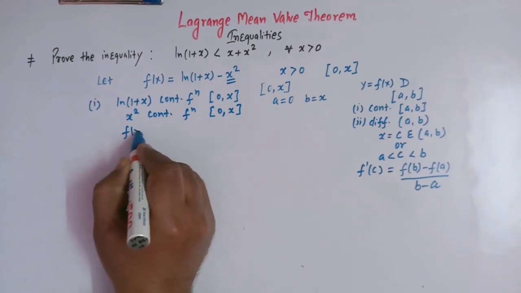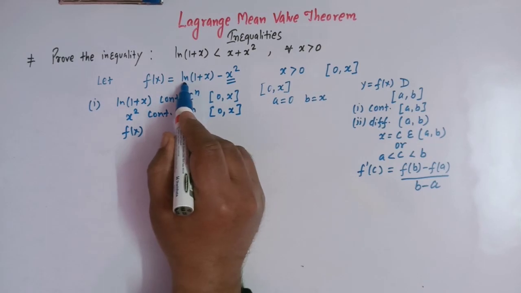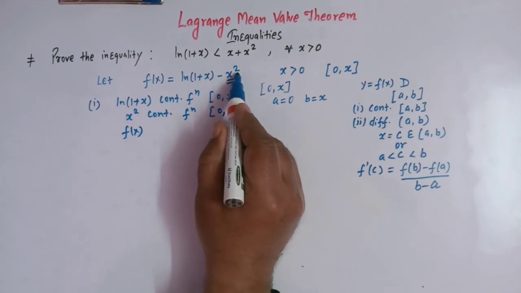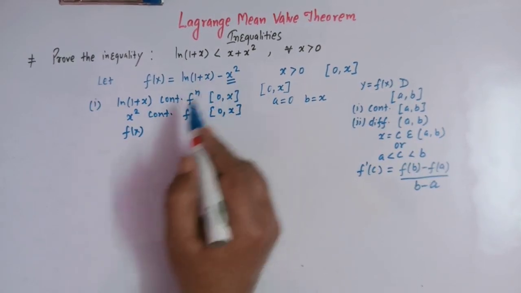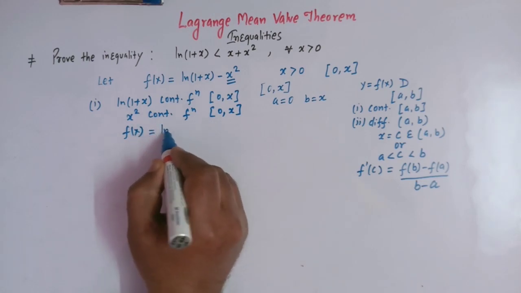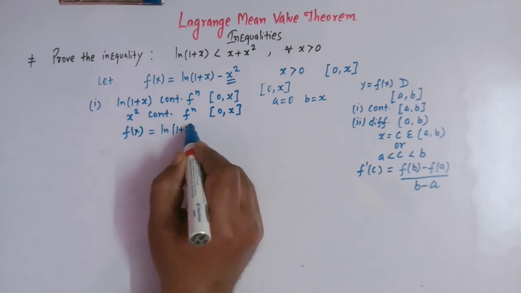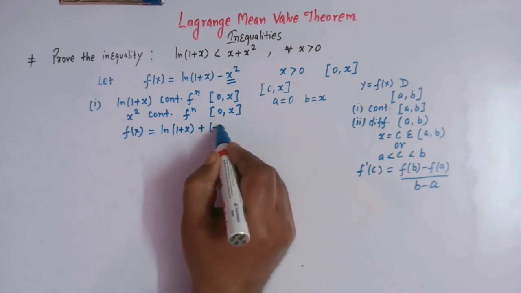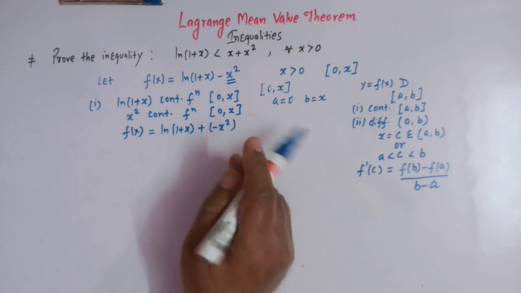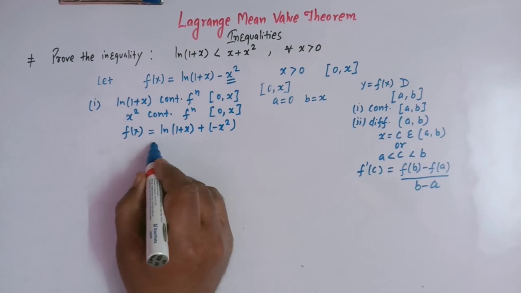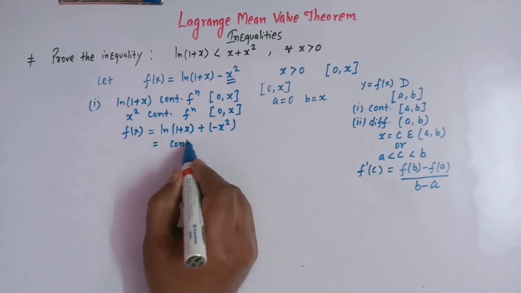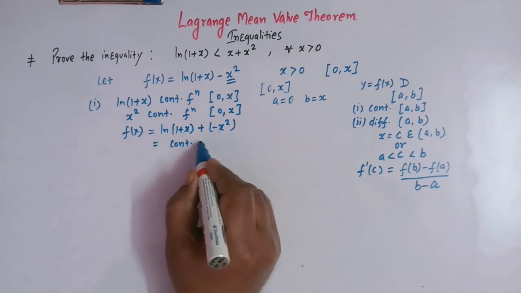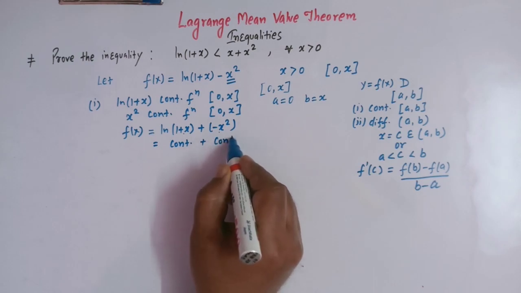And f of x is a combination of a log function and the polynomial function, right? So we can write f of x as log of 1 plus x plus minus x square. So this is the sum of two continuous functions, right? This is continuous and this is also continuous, right?